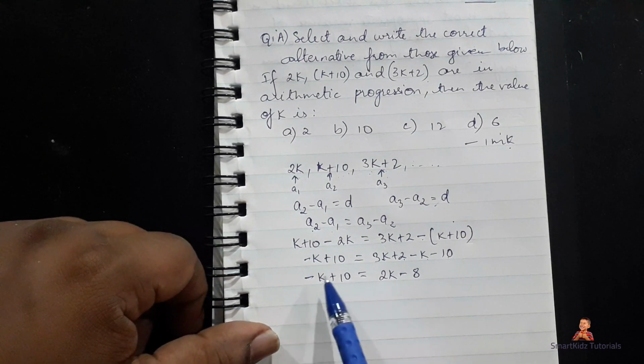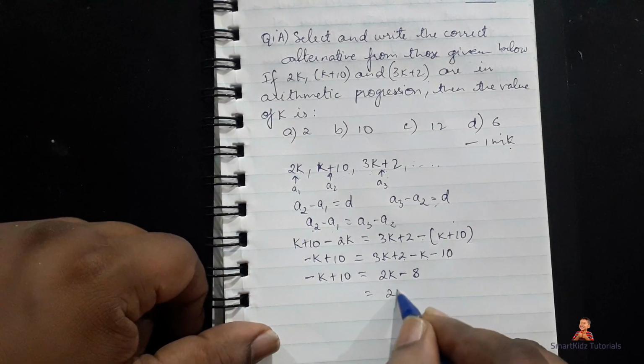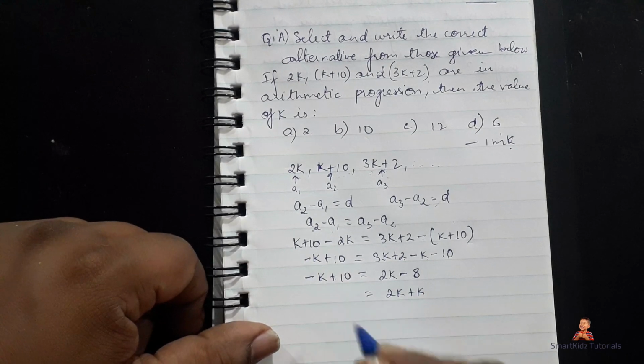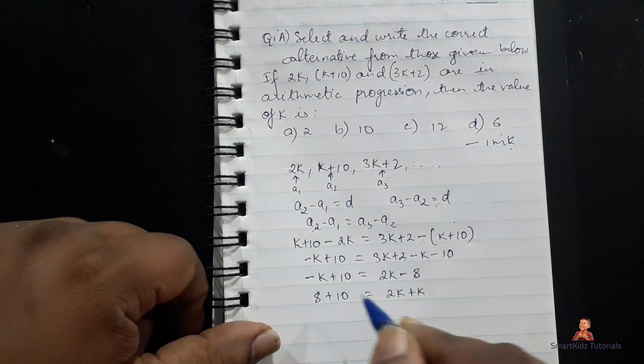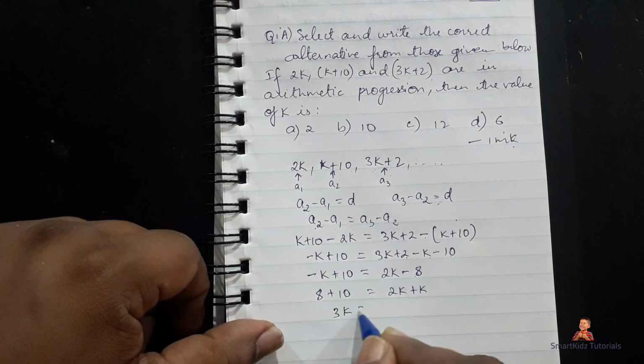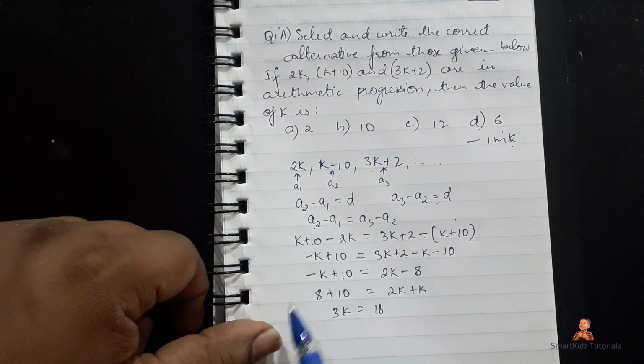I'll bring this minus k to the right hand side, and it will become positive, and I'll take this minus 8 to the left hand side, and it will become positive. Now we can write this as 2k plus k is 3k, and 8 plus 10 is 18. The signs don't change because I've changed on both the sides.